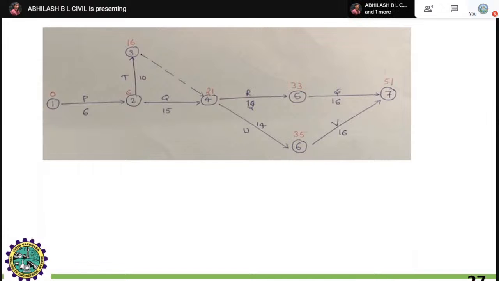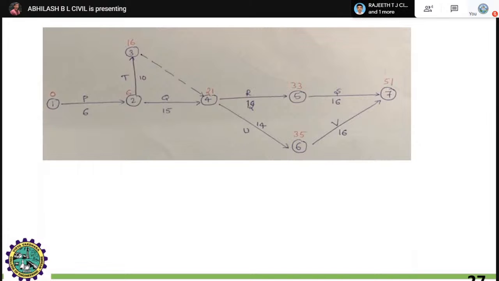Next is R. The activity R is dependent on Q and T. Without completion of activities Q and T, R cannot proceed, right? The time duration of R is 12, right?